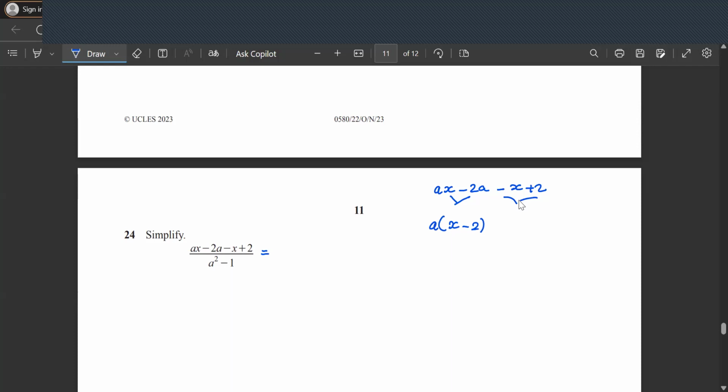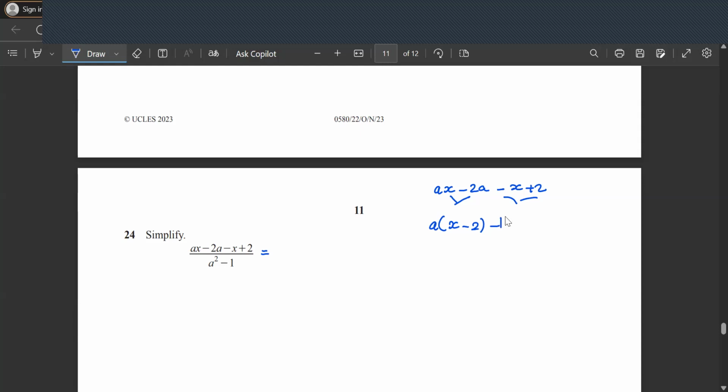So if this is positive and this is negative, go direct and take negative common factor. Then, do you have any common factor between x and 2? I don't have, right? So I will write 1.